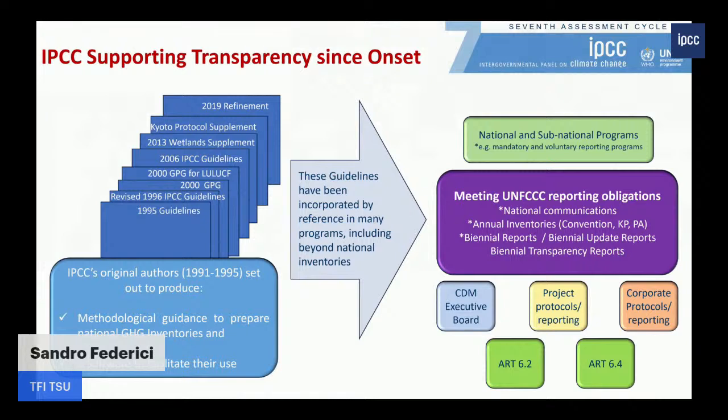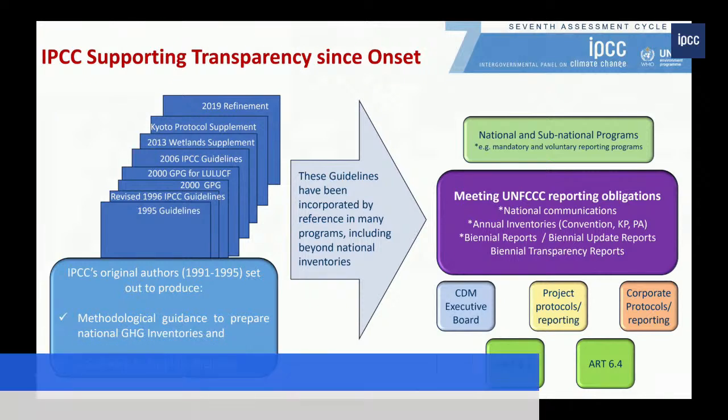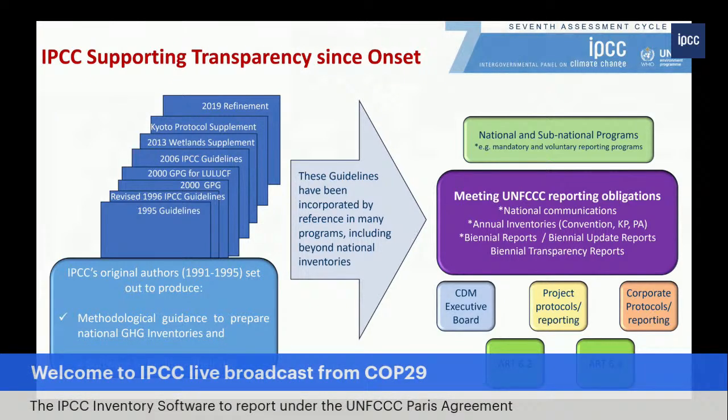Yes, okay. So the IPCC software is supporting the transparency, so the reporting of information by parties since the onset of the system. You see, the first guidelines were produced in 1995, but the authors started to work on the guidelines in 1991.